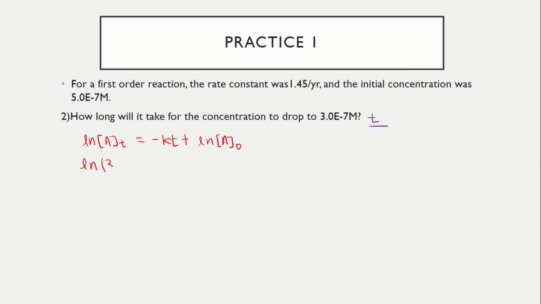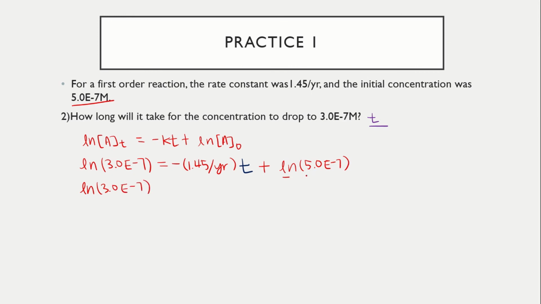Natural log of 3.0 e to the negative 7 equals negative rate constant 1.45 per year times t plus natural log of initial concentration. And you have to solve for t, the time.